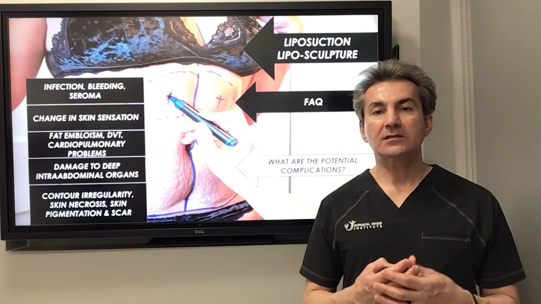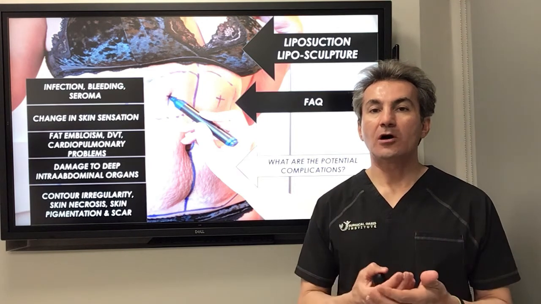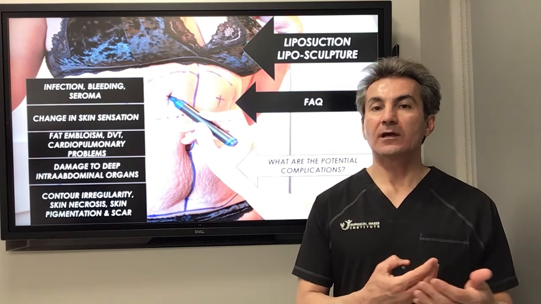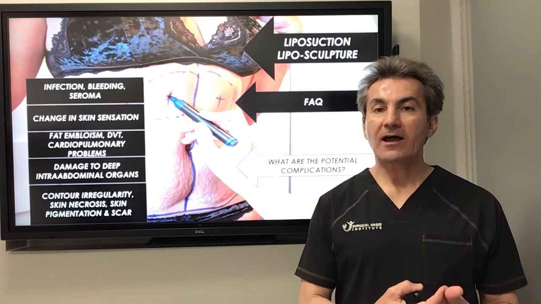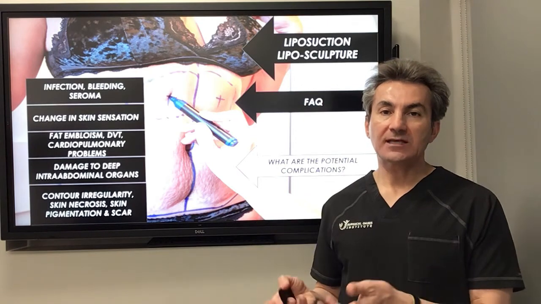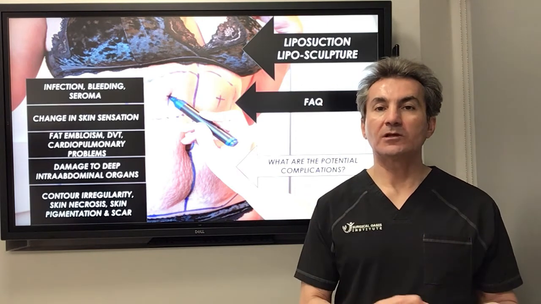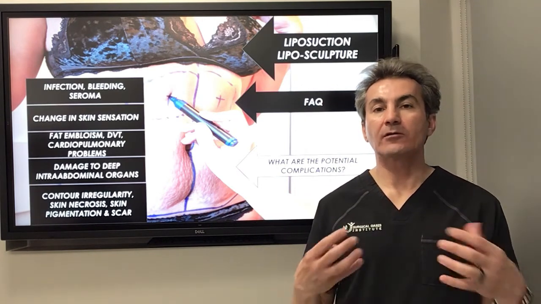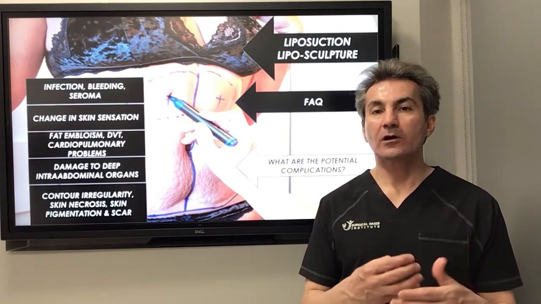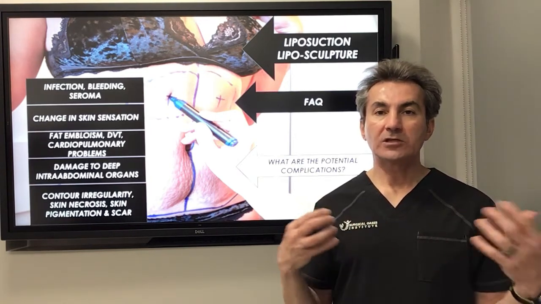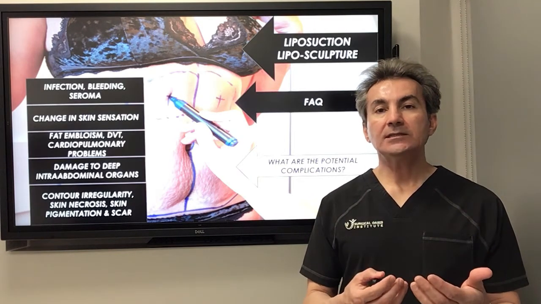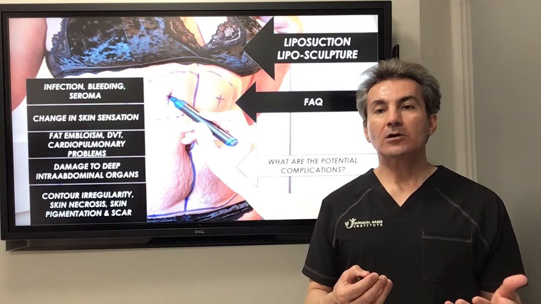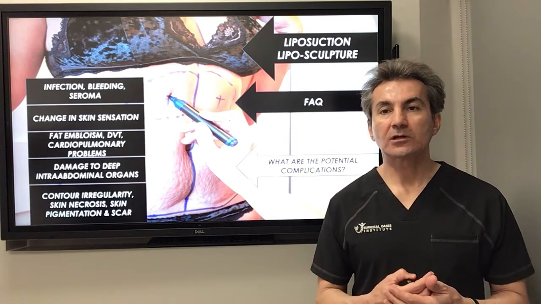And obviously some of these procedures are associated with abdominoplasty, with or without fat grafting, in which we harvest the same fat that we got and then inject it into the breast or the buttock area to give more curvature to the patients and restore their shape. Now that you understand the surgery, let's talk about the possibility and potential of complications.